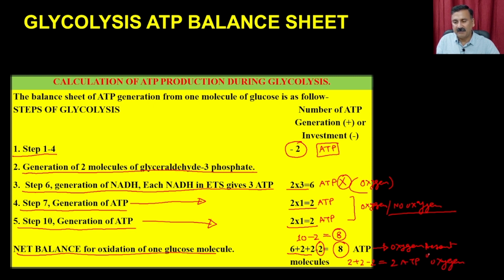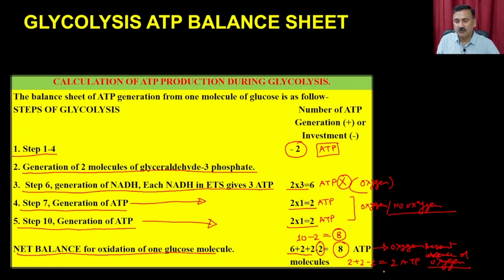So if the bacteria is under aerobic oxidation, it is going to produce 8 molecules of ATP. But if the bacteria is under anaerobic oxidation, it is only going to produce 2 molecules of ATP. This means it is just going to produce a very small amount of energy so that it is going to survive for some time.